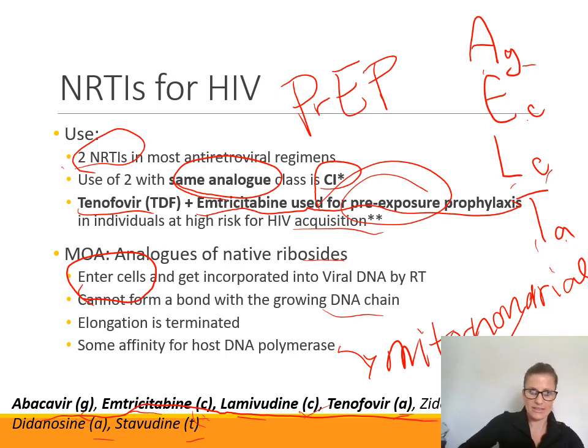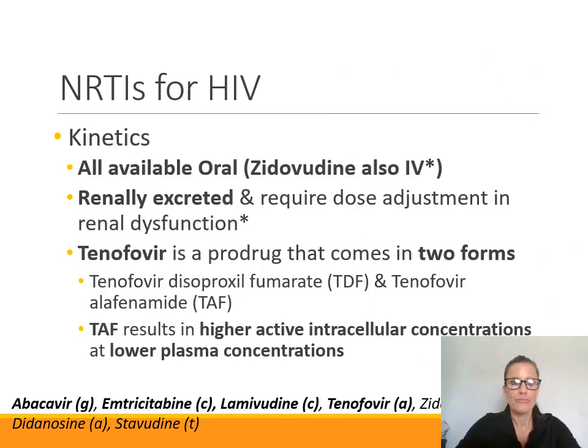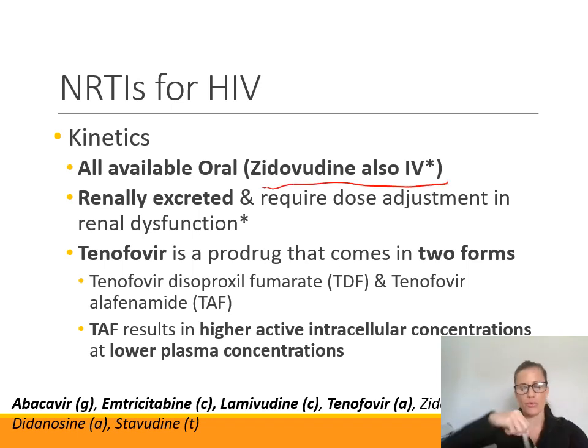And that right there is responsible for most of the adverse drug effects that occur with the NRTIs. All of the NRTIs are available orally. Zidovudine is also available IV, so that's the one that can be given intravenously. Zidovudine is actually given intravenously to HIV-infected women during labor.